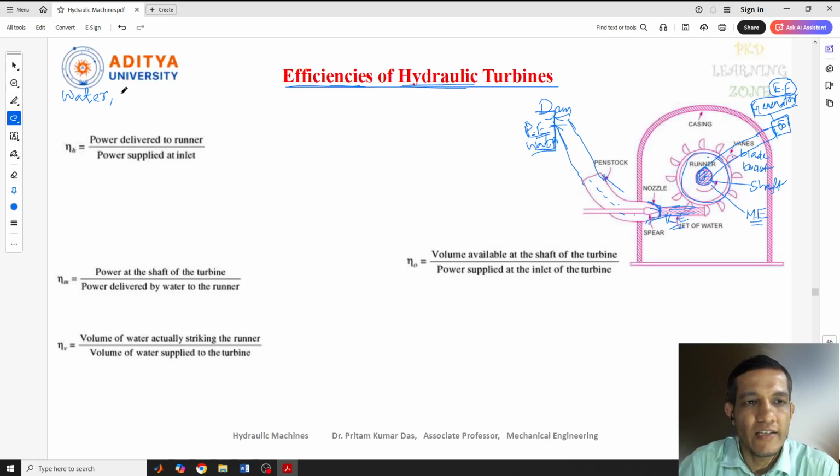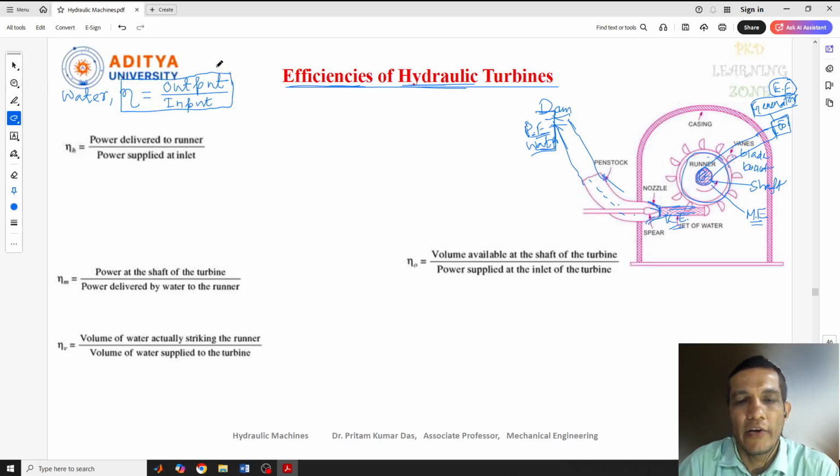Efficiency is denoted by eta and calculated from the output of the equipment or machinery and the input supplied to it. Based on that, efficiency is calculated so that we can state the performance of the equipment. These efficiencies are categorized into four types.